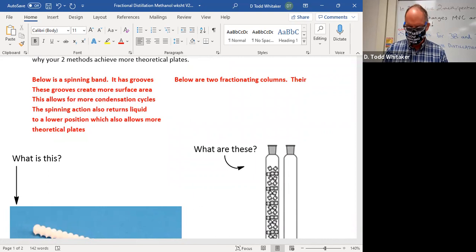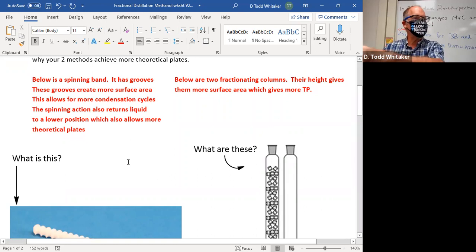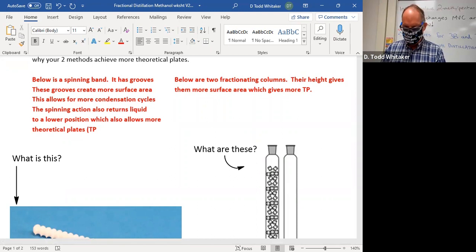Their height gives them more surface area, which gives more TP. Now you can't do that when you have an initialization and you haven't explained it. I use theoretical plates somewhere, right? There it is, TP.